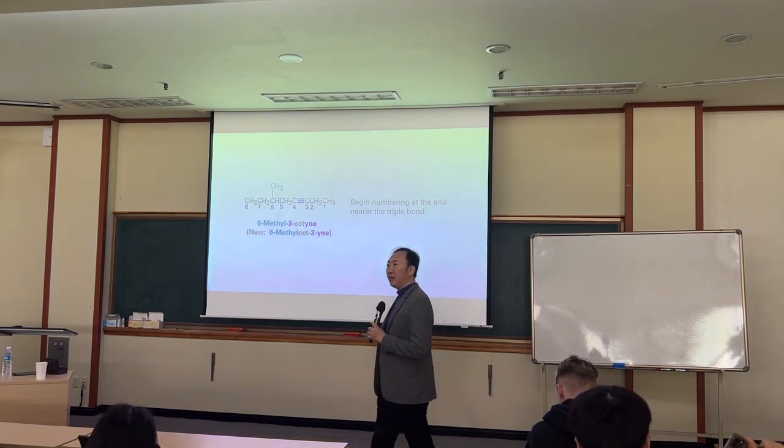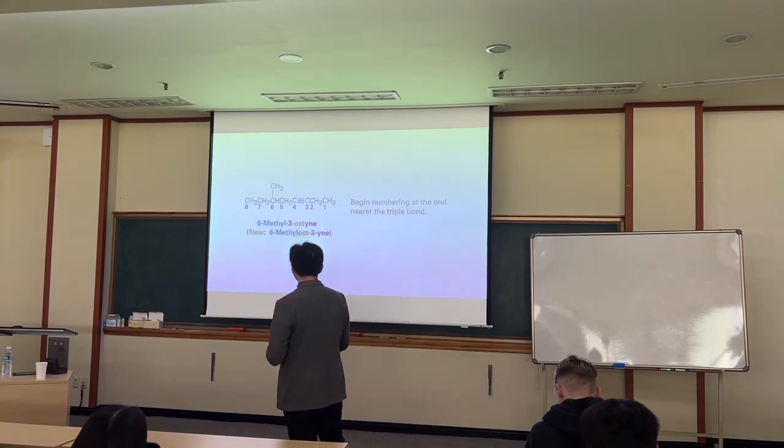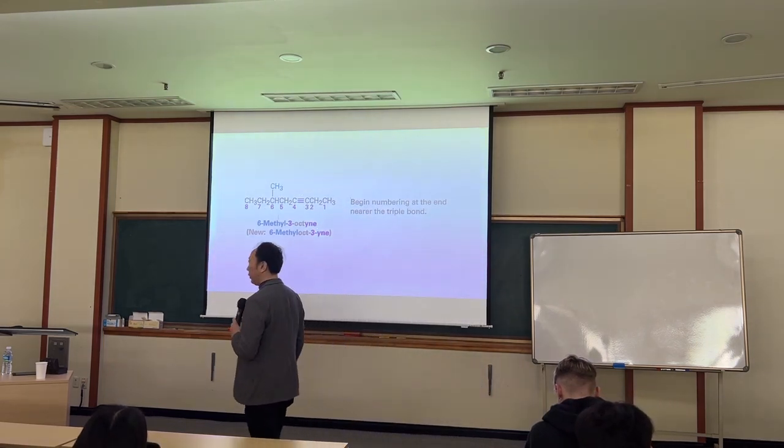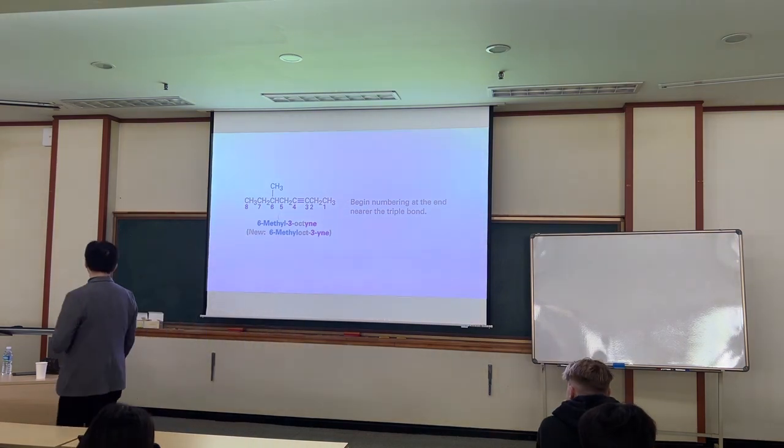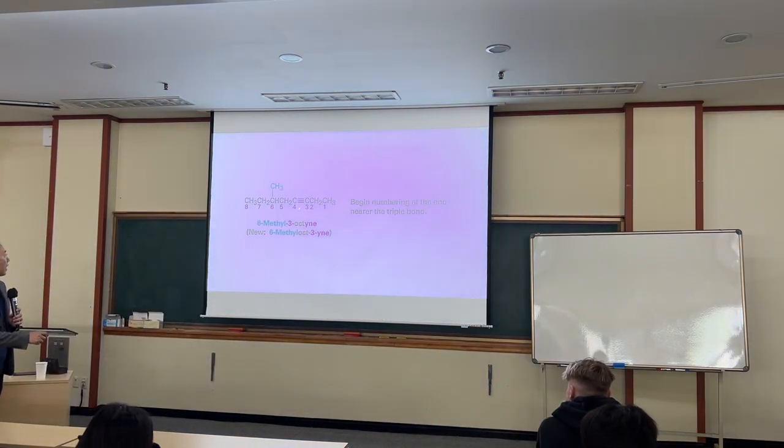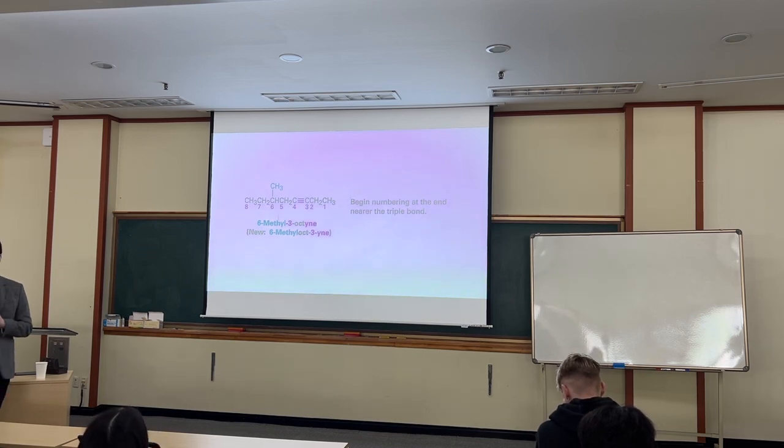Now, alkyne, triple bond, ends with yne. And position, same way: longest chain, and then the lowest number. And if there is any branch, the longest chain still containing this triple bond.